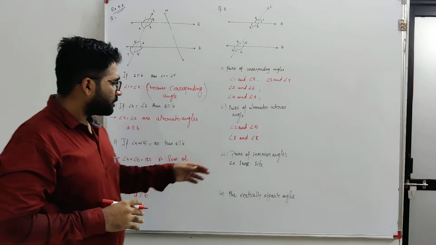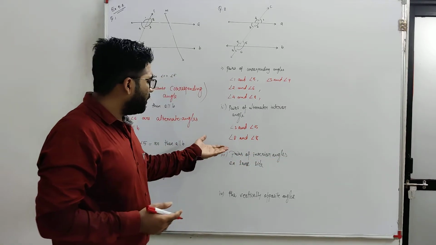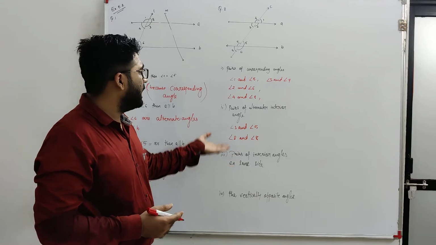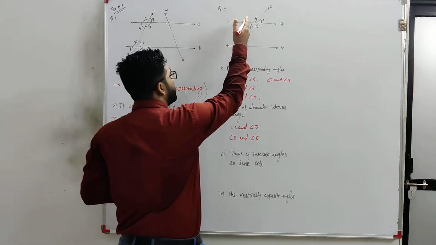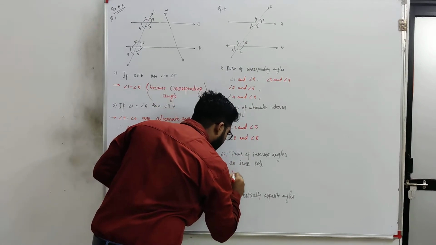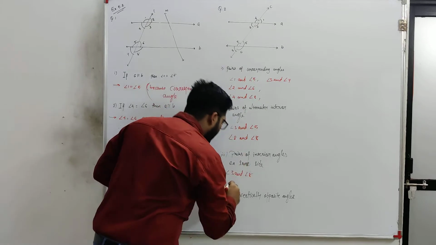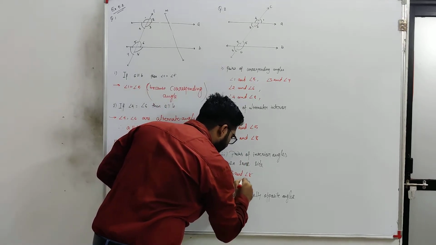In the same way, pairs of interior angles on the same side are angle 3 and angle 8, and angle 2 and angle 5.